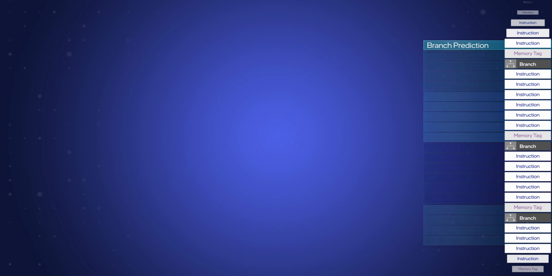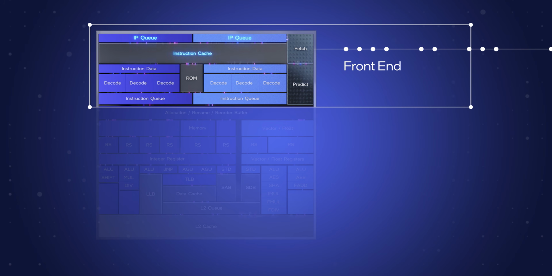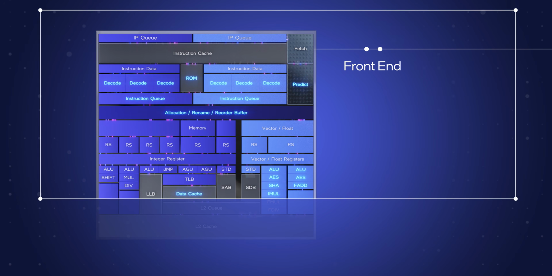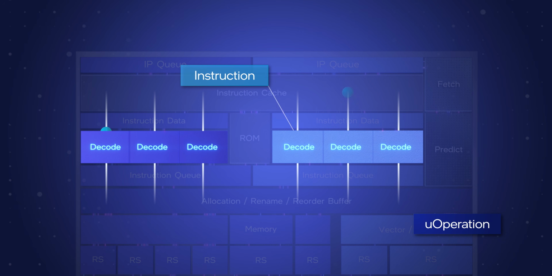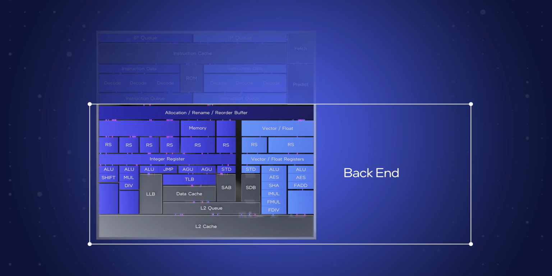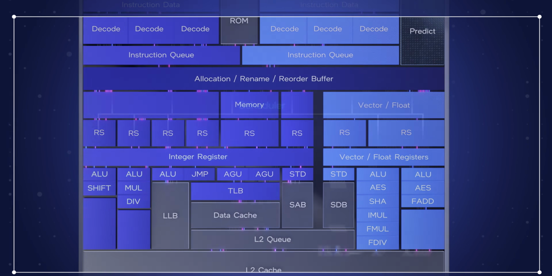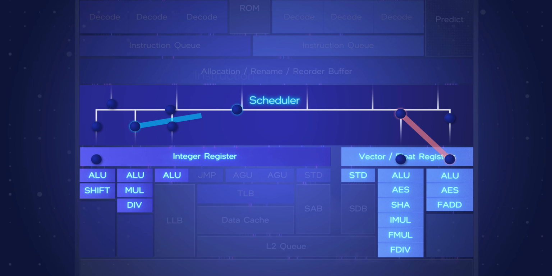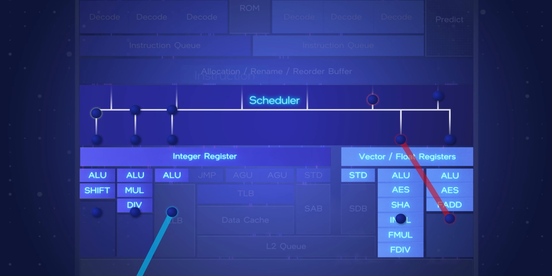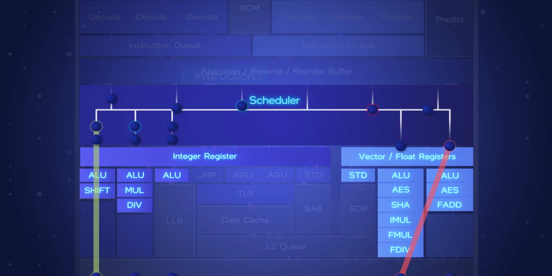We then dove into the CPU front end, where the CPU predicts what instructions are needed next, fetches them, and decodes them into microoperations, or UOPs. From the front end, we move to the back end, which takes the decoded UOPs and uses superscalar execution and out-of-order execution to efficiently assign UOPs to execution units.